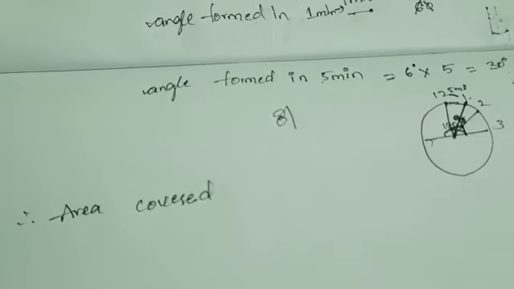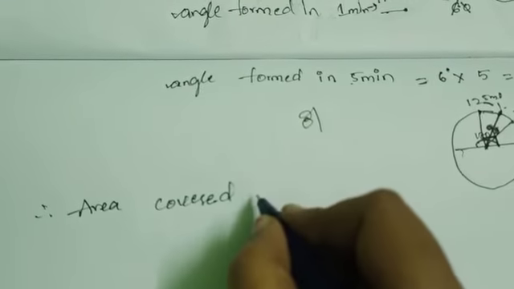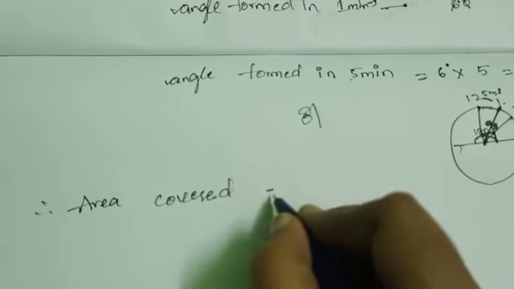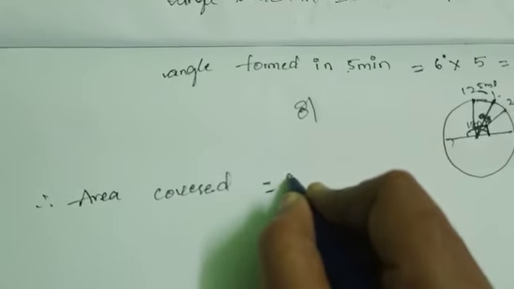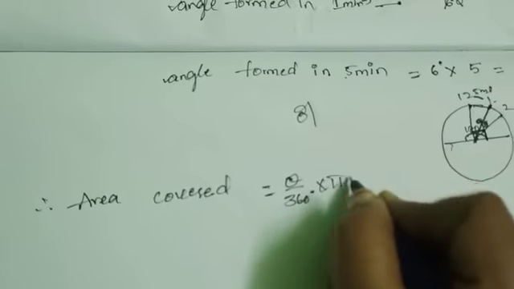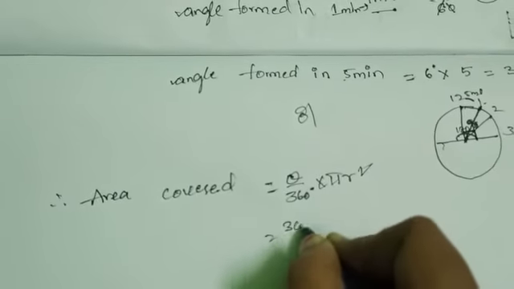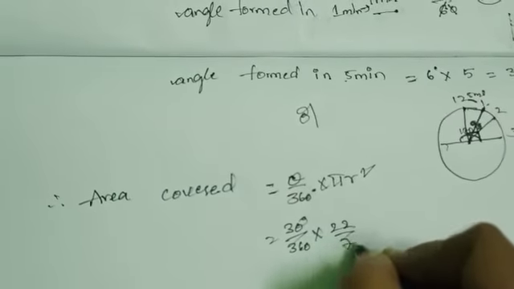Therefore the area covered by the minute hand in 5 minutes equals theta by 360 into pi r square. Here theta value is 30 degrees by 360 into pi value 22 by 7.